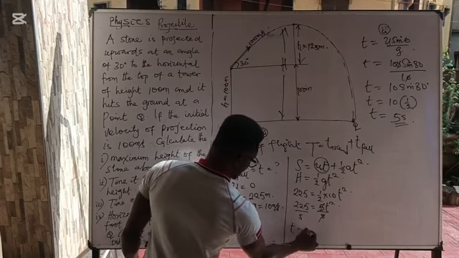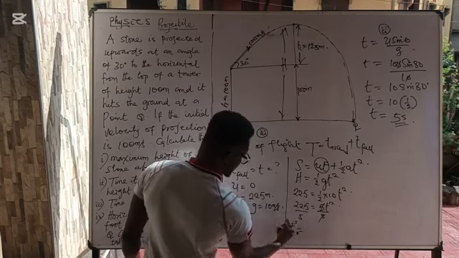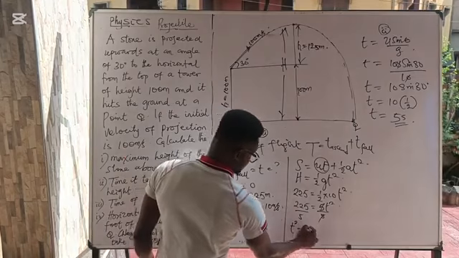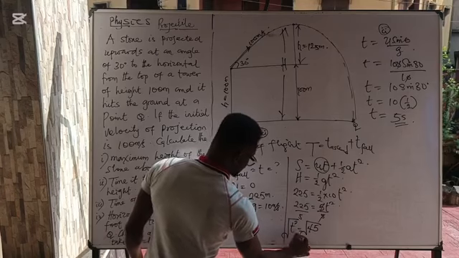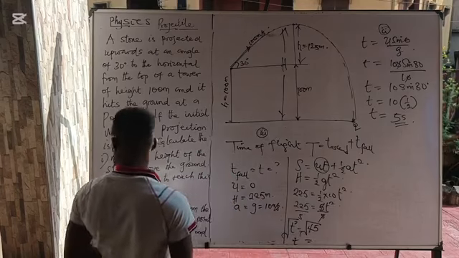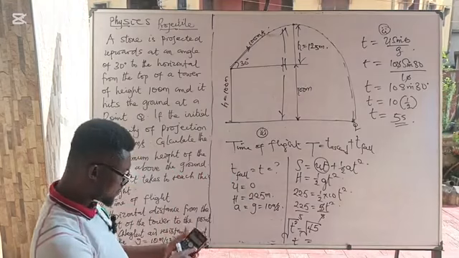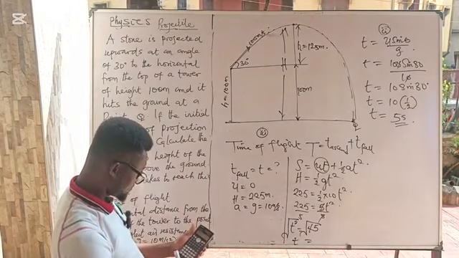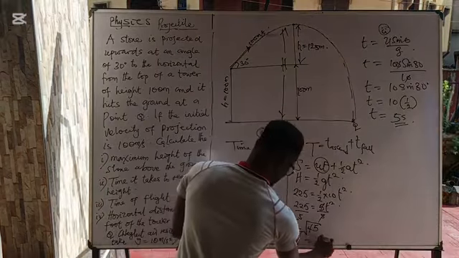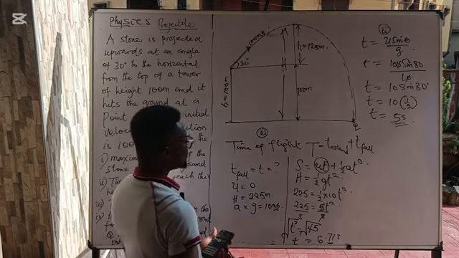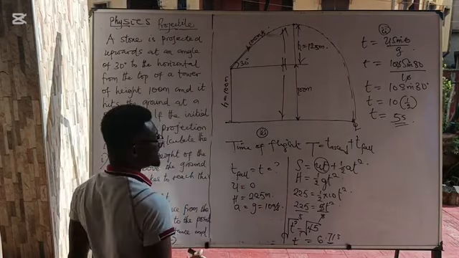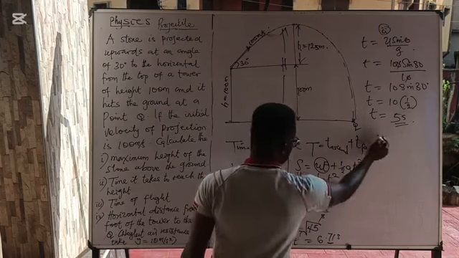So we have t squared equal to, if you divide 225 by 5, it gives 45, right? Then take root of both sides. We get the value of time. So square root of 45 gives 6.71 seconds.